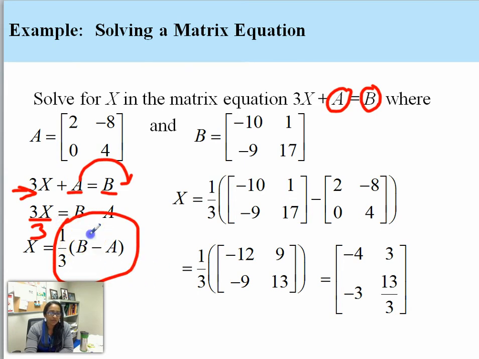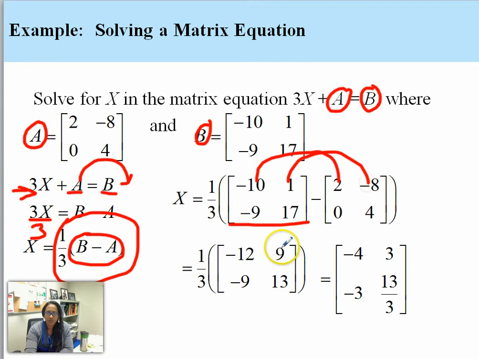So now first I have to solve B minus A. Remember, B and A here are matrices. So B is this matrix here, and A is this matrix here. So B minus A: -10 minus 2 is -12. 1 minus -8 is 9. -9 minus 0 is -9. 17 minus 4 is 13.